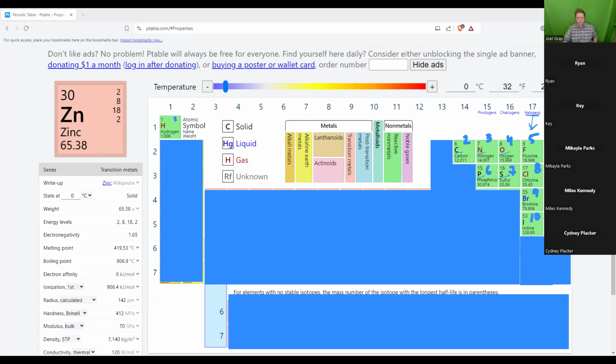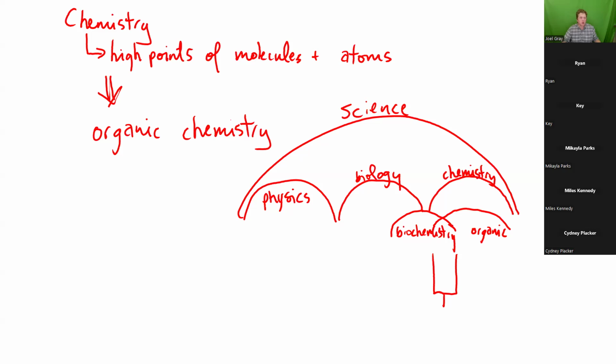So these elements right here are arguably the most important ones for drug design and arguably for biochemistry as a field. So when you think about the periodic table, think about it as, yeah, there's 118 things on there, but I don't really need to worry too much about all of them. I need to know about 10 of them.